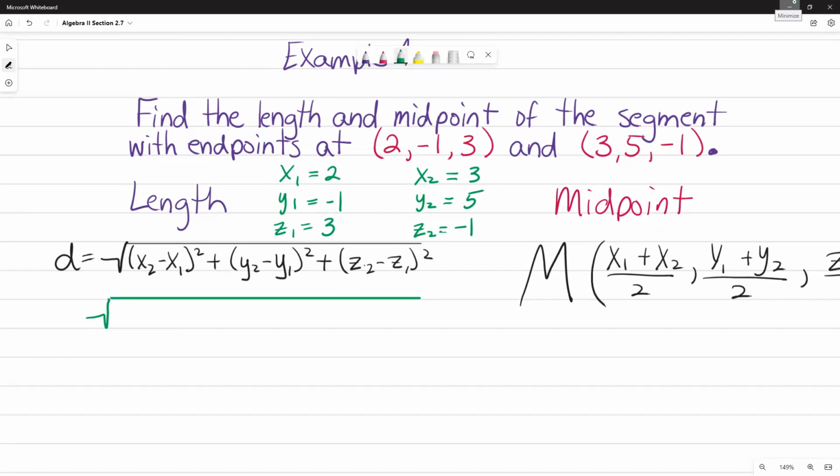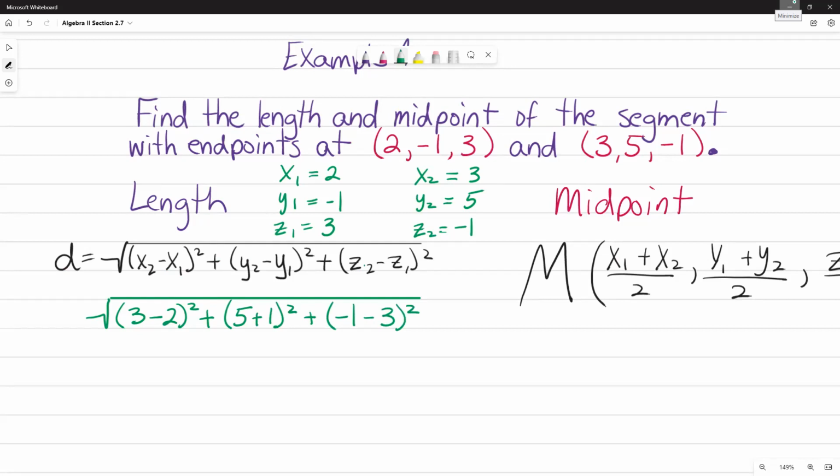Okay, so x2 is 3 minus x1, which is 2, and we're squaring that. y2 is 5 minus a -1, so I'm gonna change that to a positive. And then we have -1 minus 3 squared. It's exactly the same.